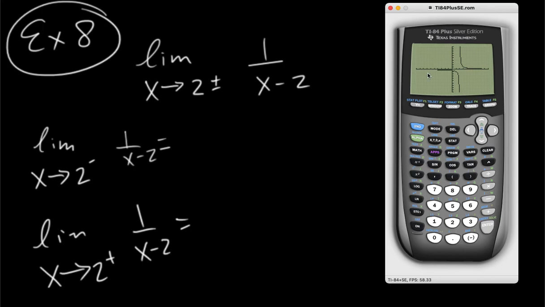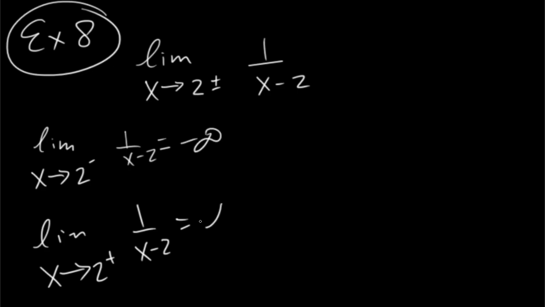As we get closer and closer to 2 on the left side, we go down to negative infinity, but as we approach it from the right side, we go to positive infinity. It only wants us to look at the one-sided limits, but if we were to take it further, we would say the limit doesn't exist for x approaching 2, because the one-sided limits are different.